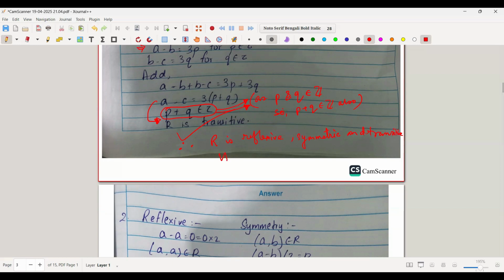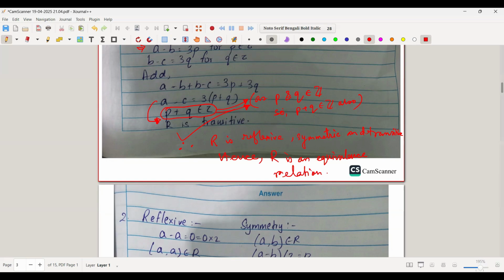Hence R is an equivalence relation. So don't just check that this R is reflexive, symmetric, and transitive. At the end you have to write this also, that yes, R is reflexive, symmetric, and transitive. Hence R is an equivalence relation.